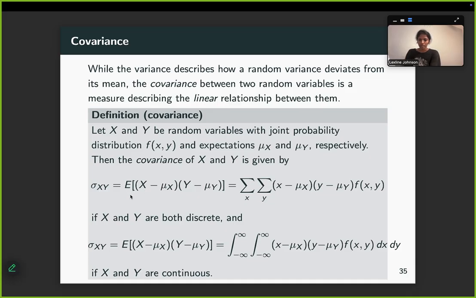Covariance is equal to the expected value of (X minus the expected value of X) times (Y minus the expected value of Y). If they're discrete, we can use summations, and if they're continuous, we use integrals to get all of the values of X and Y.